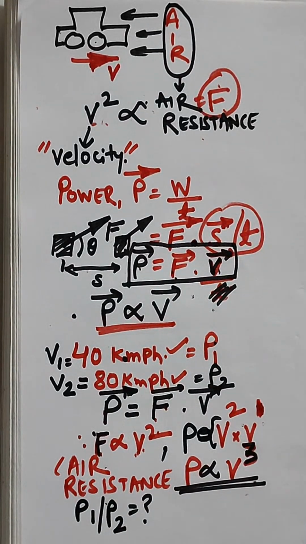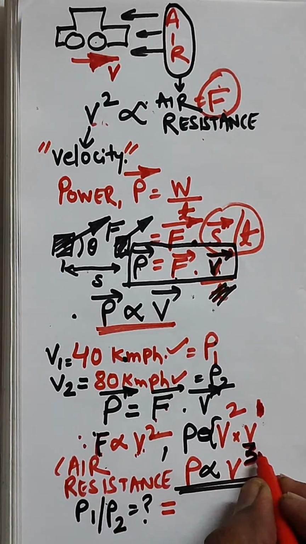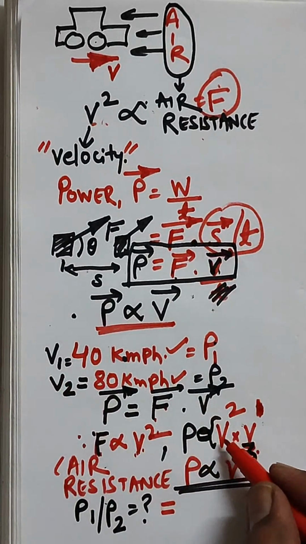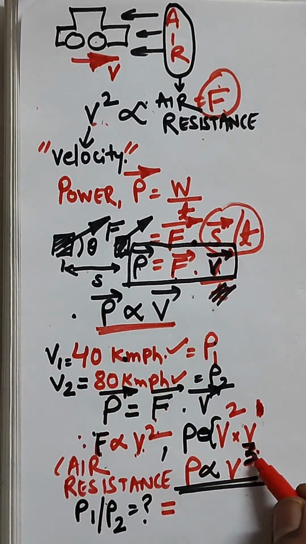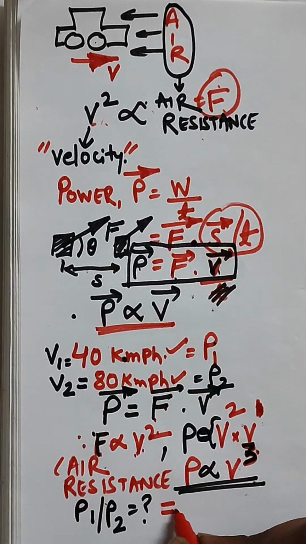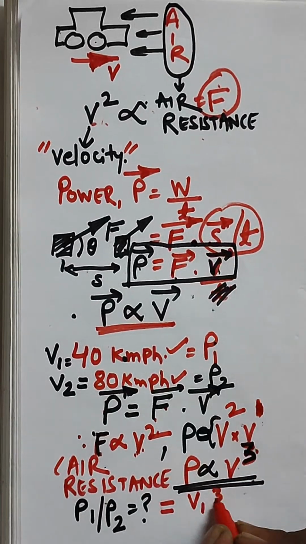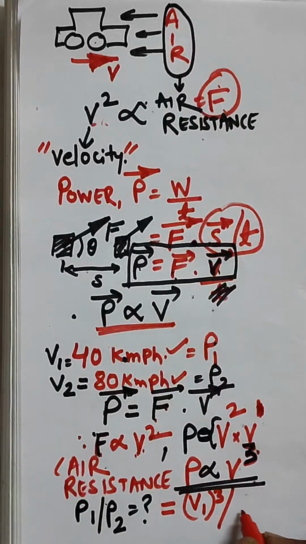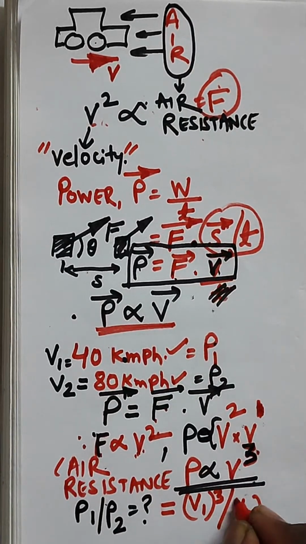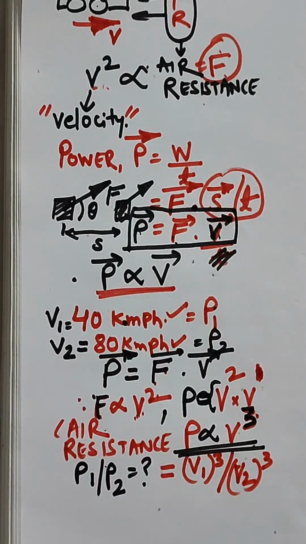P1 by P2 will be nothing but the ratio of corresponding velocities, V1 and V2, and it's in cube, mind it. So P1 by P2 will be proportional to V1 cube by V2 cube.